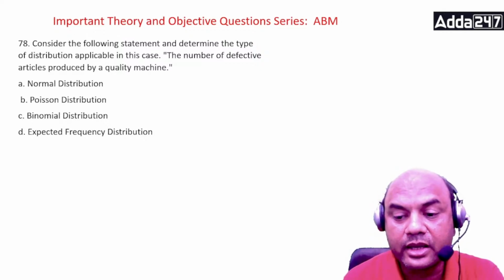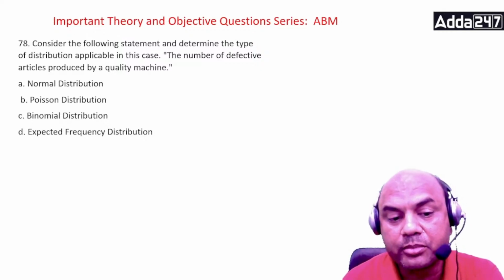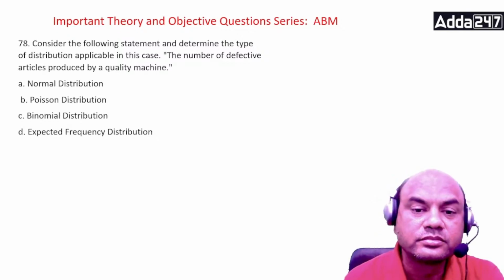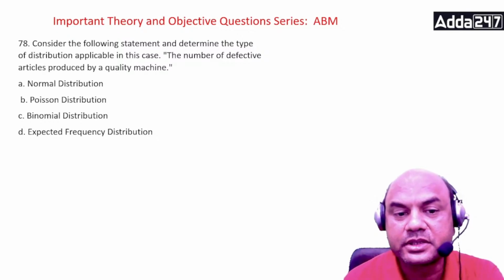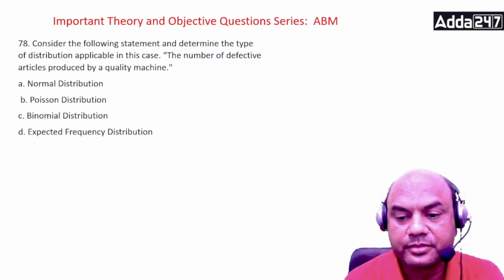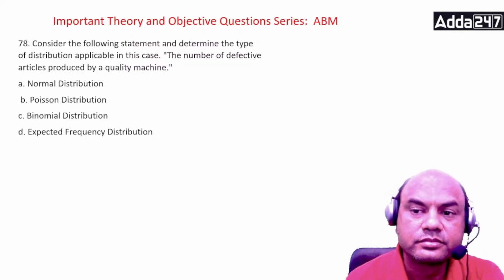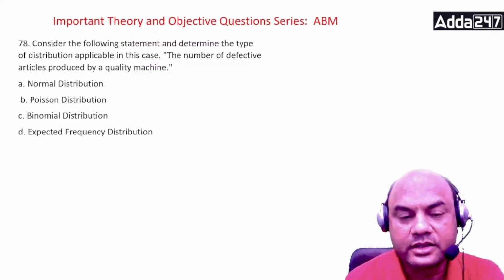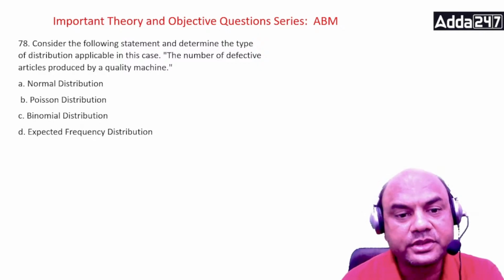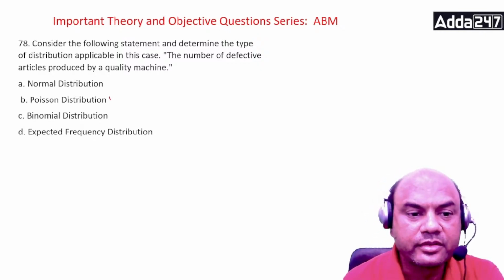Number of defective parts produced by a quality machine. The answer is Poisson distribution.